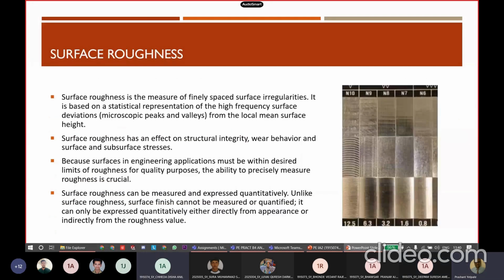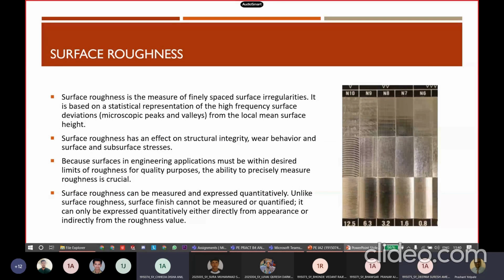Okay. Surface roughness. The terms surface finish and surface roughness are often confused. Surface roughness is the measure of macro and micro irregularities present on a finished surface. The surface roughness is a quantitative approach to find out the height of peaks and the depth of valleys of surface irregularities, and it is also a measurable quantity, and there are various instruments to facilitate such measurement.